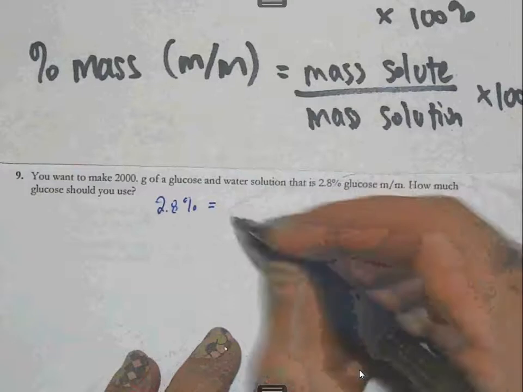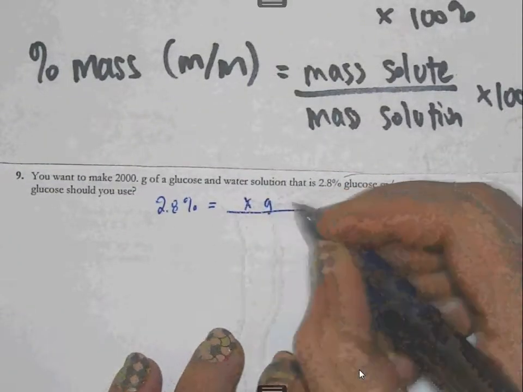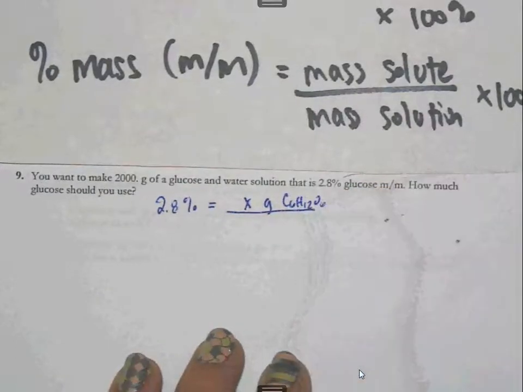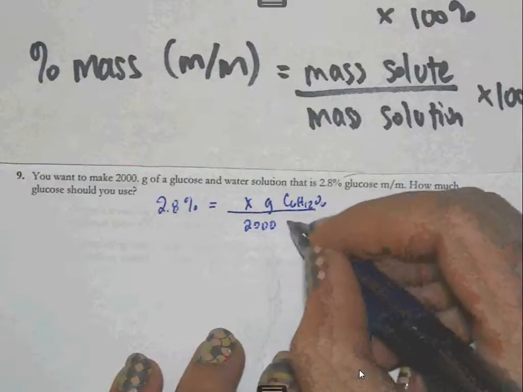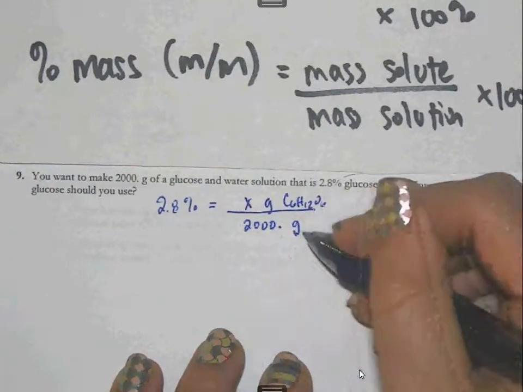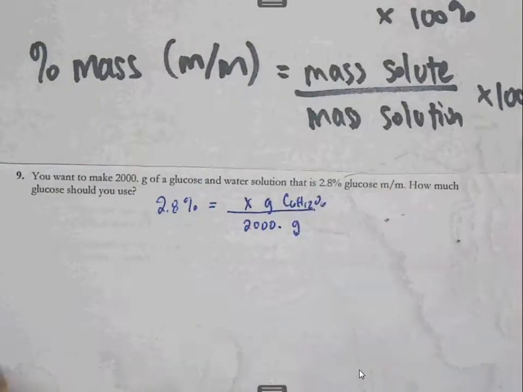So I have 2.8% is going to be equal to some number of grams of glucose, C6H12O6, over a total of 2,000 grams of solution. I can use grams here. I could use kilograms. As long as the top and the bottom are the same, honestly, it wouldn't matter.